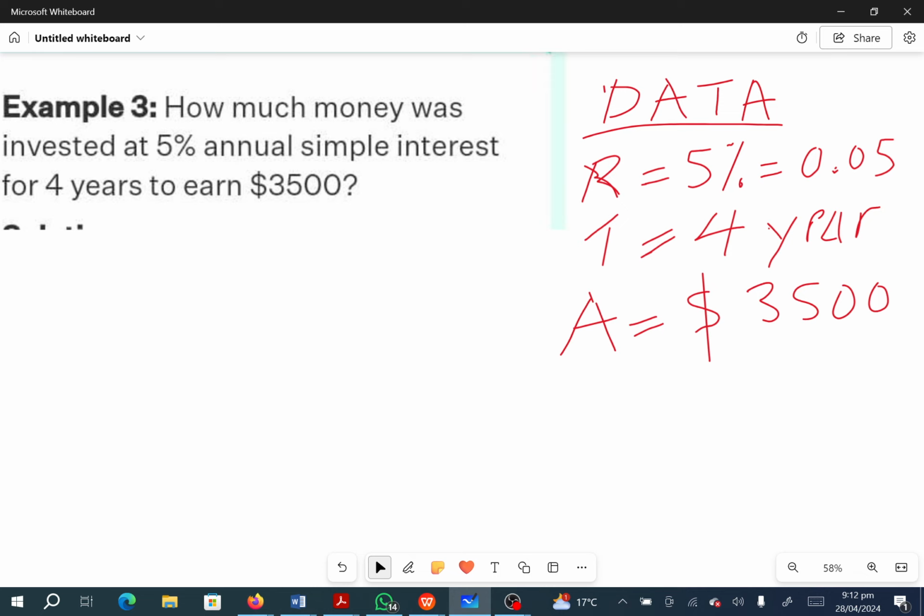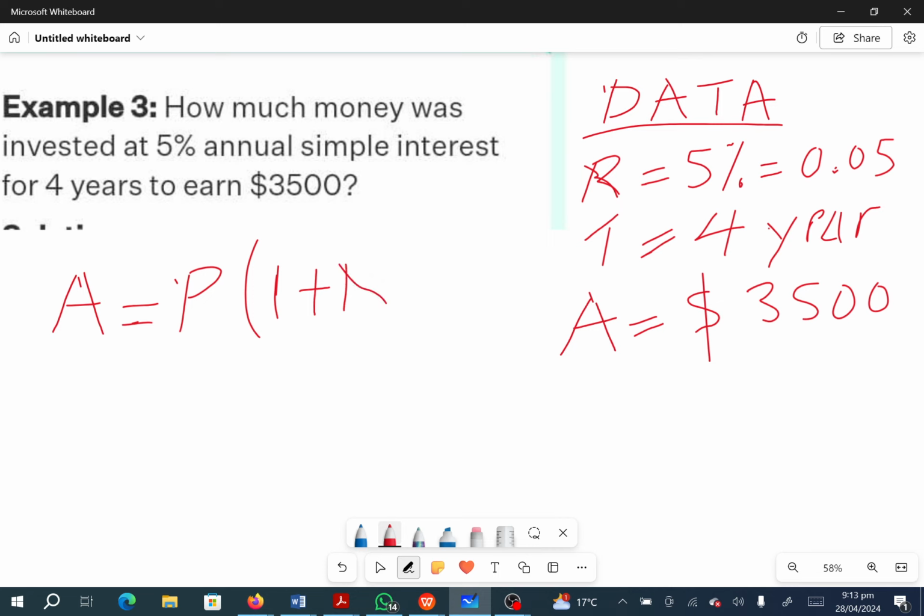So we will consider this formula: A, which is amount, is equal to P, which is the principal, times open bracket 1 plus RT, close bracket.